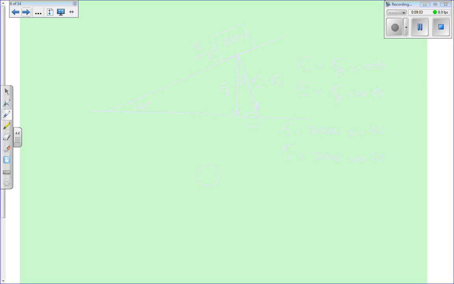Remember before I kept saying when an object is on a horizontal surface, normal force is the same as the weight. This object is not on a horizontal surface anymore. It's on an inclined plane. Normal, once again, by definition, is perpendicular to the surface. So the normal force is now opposite of the F perpendicular.